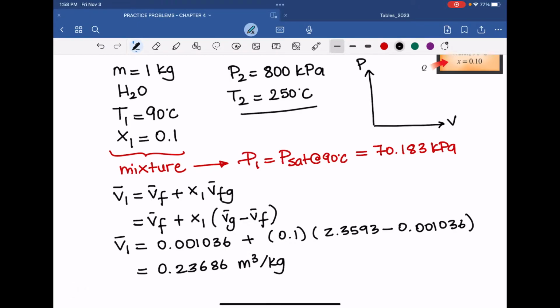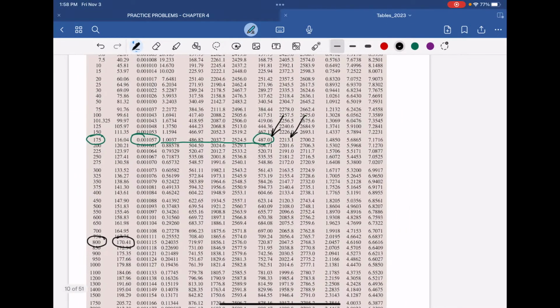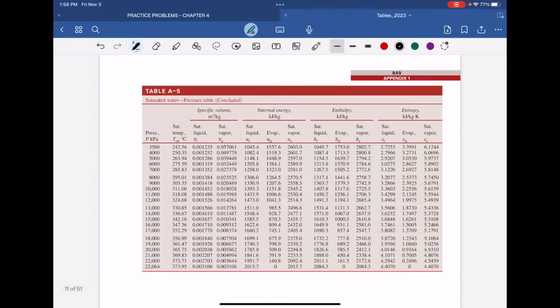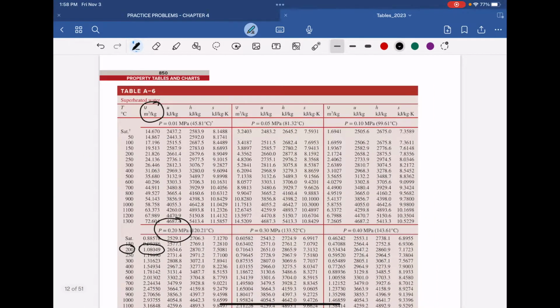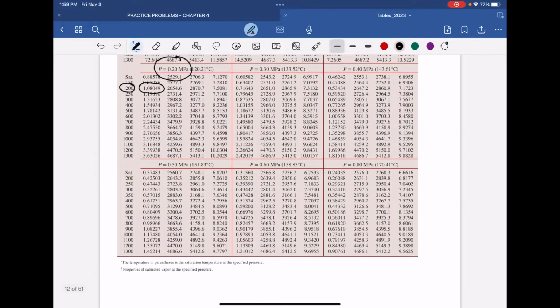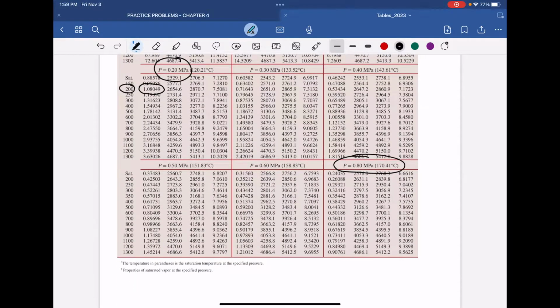Now the next thing is of course going to the correct tables. The correct table is Table A6 for superheated. We need to find the pressure we have, which was 0.8 megapascal. Let's find it right there. At 0.8 megapascal, we are trying to read the specific volume.